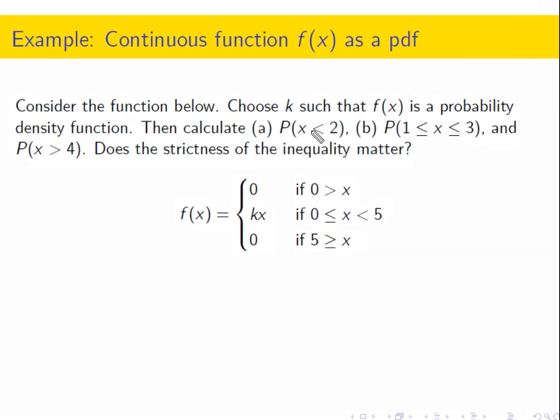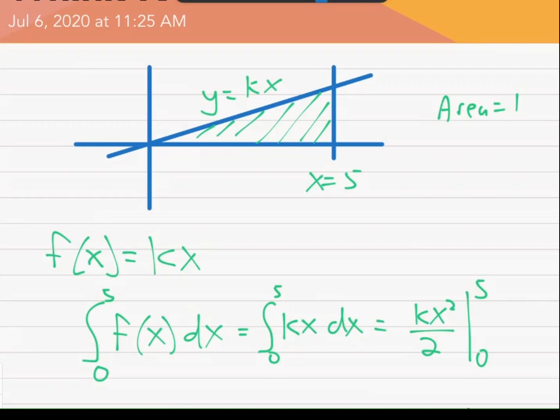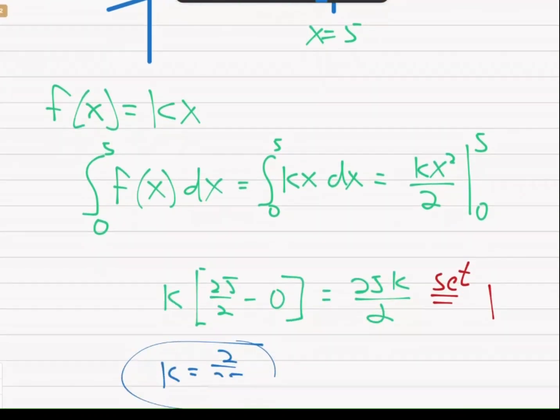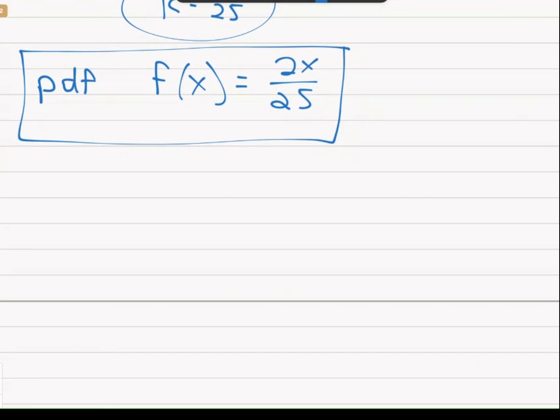Probability that x is less than 2. Okay, so let's jump back. And we have our function.